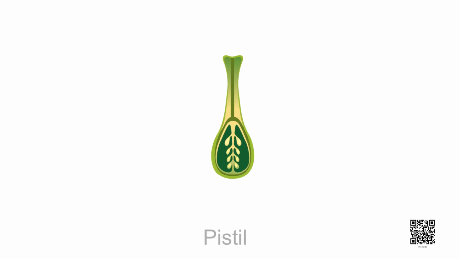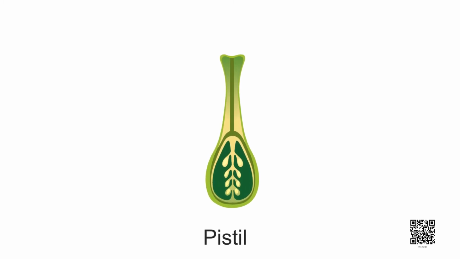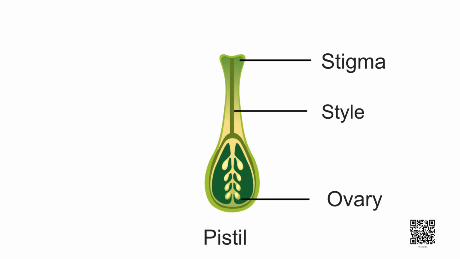Pistil. The innermost part of a flower is called the pistil. It is the female reproductive part of a flower. It has three parts: stigma, style and ovary. Stigma is the outermost part of the pistil and it is sticky in nature.